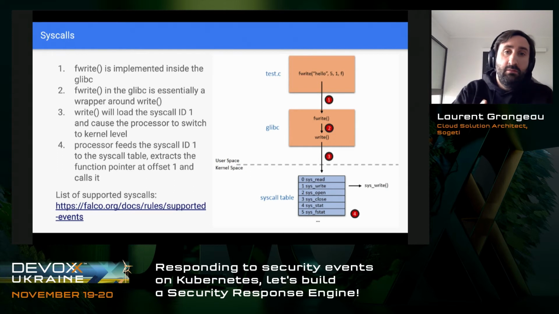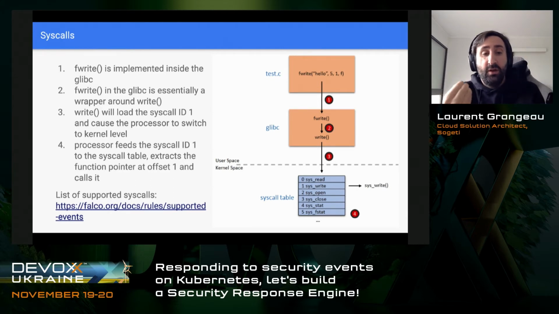So basically, you just call sys_write, which is a syscall. You have lots of syscalls that can be supported by Falco, I think more than 100. And it's basically how Falco can intercept syscalls.